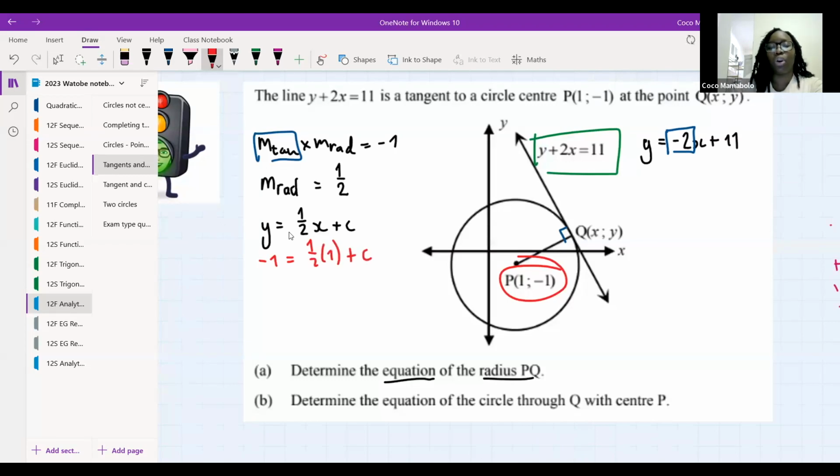Then -1 minus 1/2 is equal to c. Therefore, c is equal to -3/2. The equation you should have gotten is y is equal to 1/2 x minus 3/2. Give me your funkiest, most loveliest emoji in the chat if you managed to get that question correct.